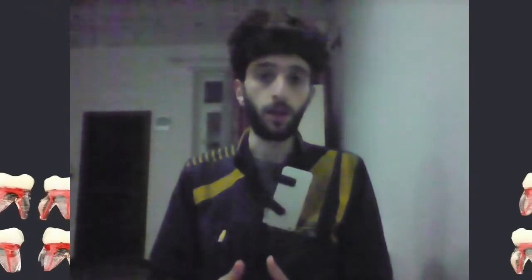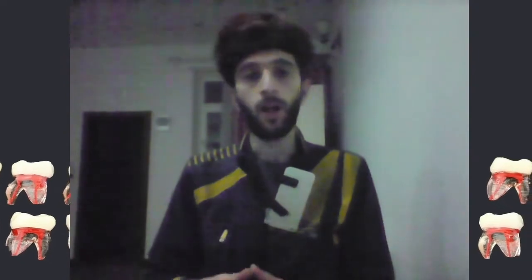In the direct pulp capping, there must be no clot formation, as it could interfere with our procedure and could form bacteria inside the pulp.